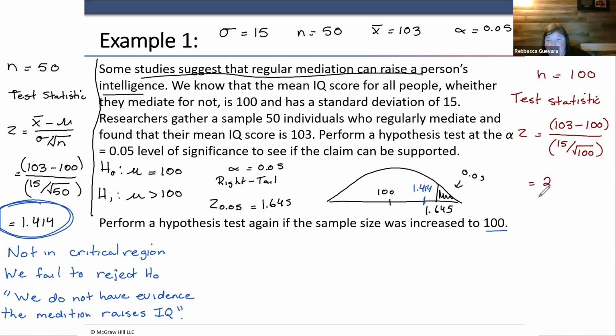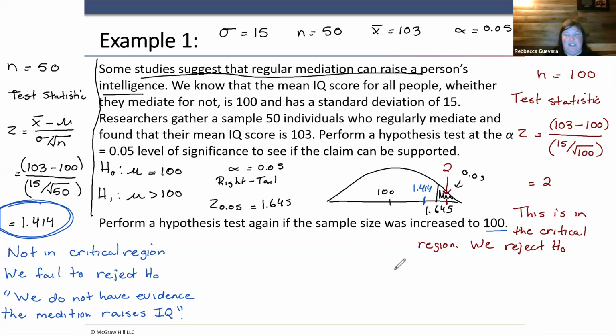Now 2, however, 2 is in the critical region. So this is in the critical region. We reject the null hypothesis. So we reject the claim that IQ is actually 100 for this group of people.